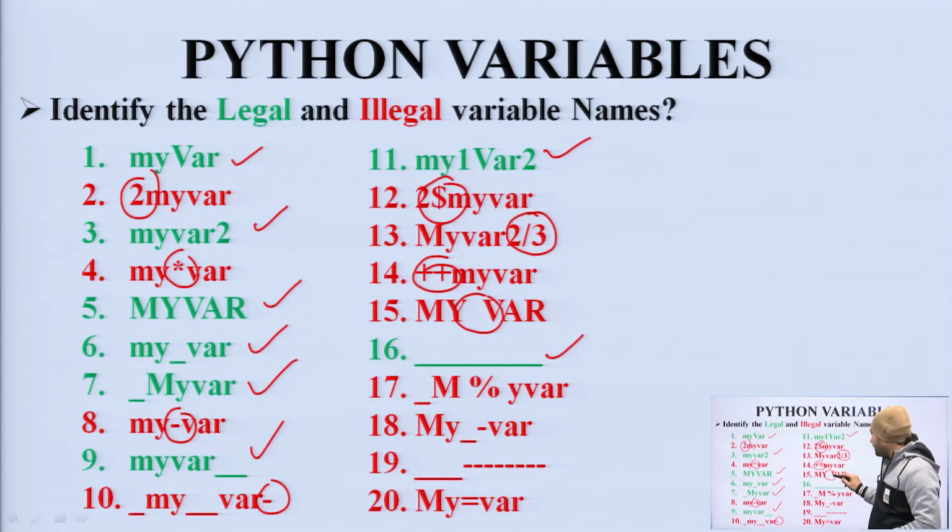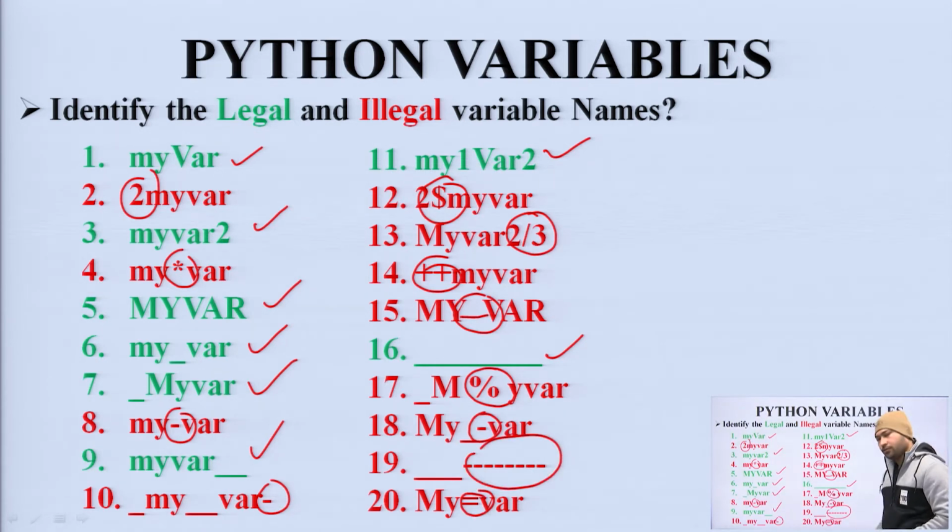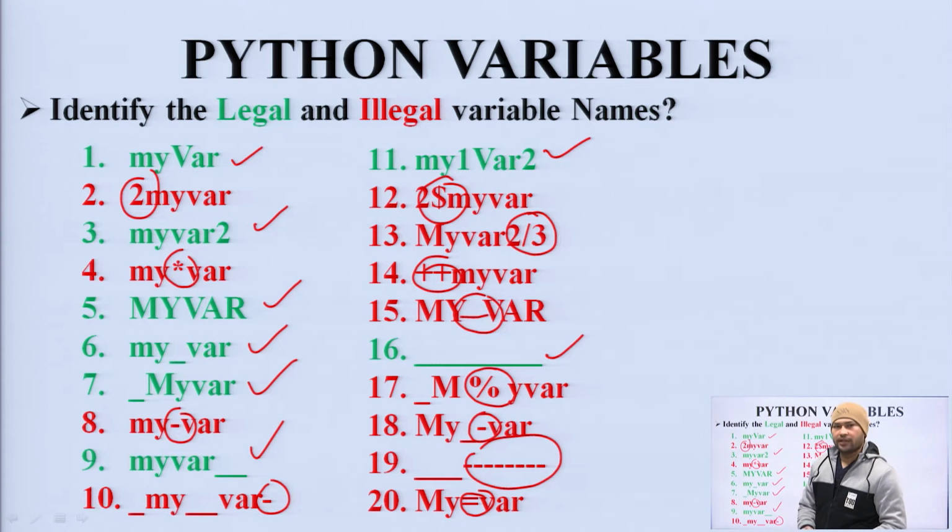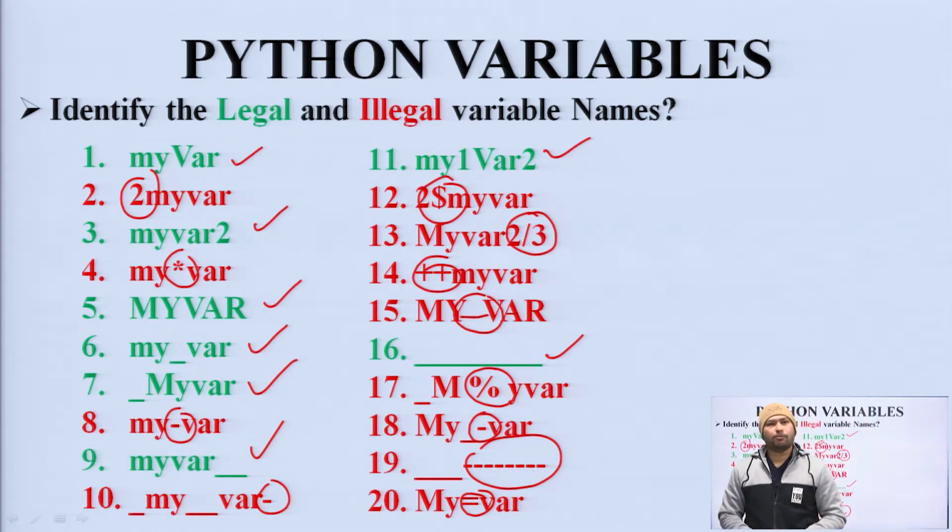So, here you can see the space is taken as a special character, and it is again a violation of the rule that special characters cannot be introduced in variables. Similarly, you can see the special characters, and the last one is also. So, this is how we identify valid and not valid variable names.